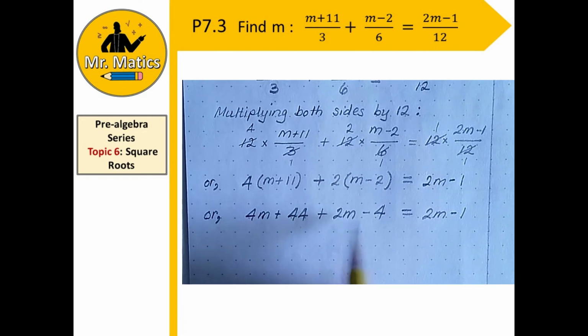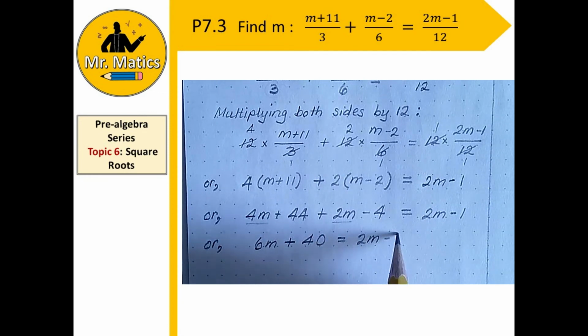Let's simplify the left side a little bit more. Like terms, 4m and 2m can be put together as 6m, plus, and these are known quantities, 44 minus 4 is 40, equals 2m minus 1.